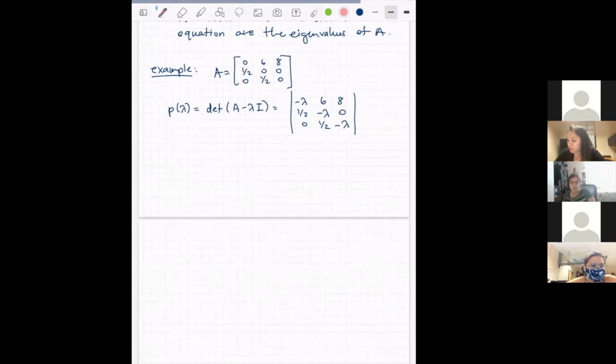This first column has a 0 in it, so I'm going to choose that to expand along. Right? And we would get negative lambda times minus lambda 0, 1/2 minus lambda. And then we get negative 1/2 times the determinant of this guy.